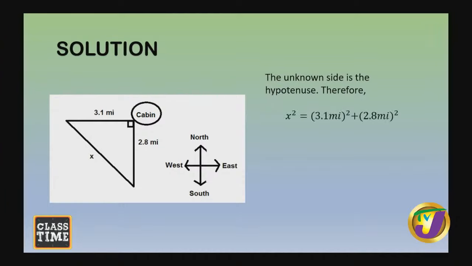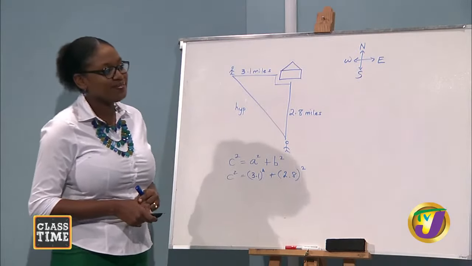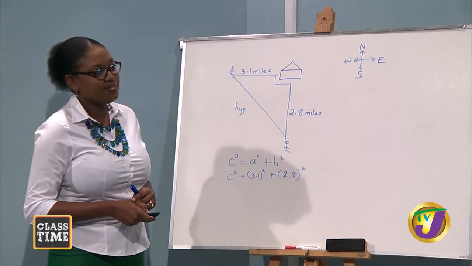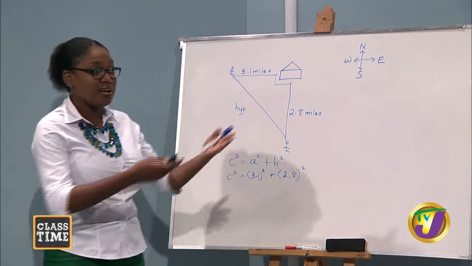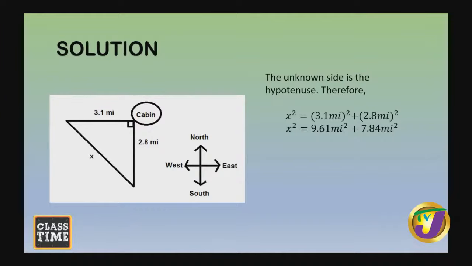So here we would have squared 3.1 and also squared 2.8, and would have gotten 9.61 miles squared and 7.84 square miles. Finding the sum of these, we would have gotten 17.45 squared miles, and that would be for x squared.